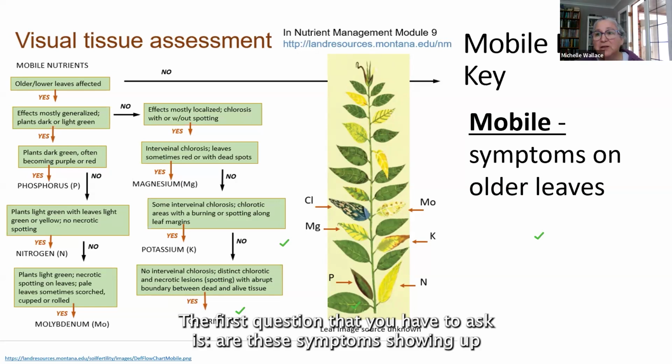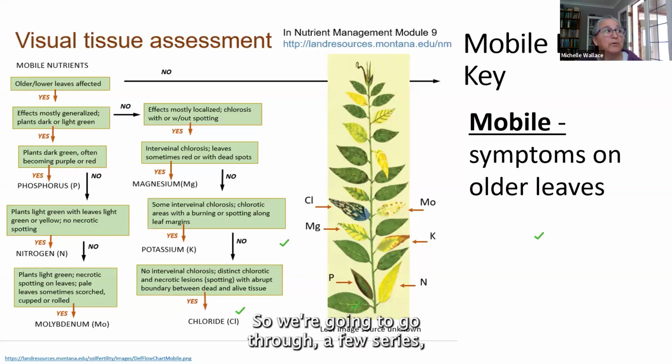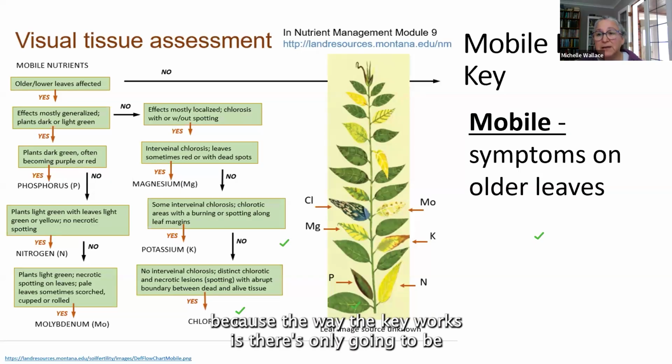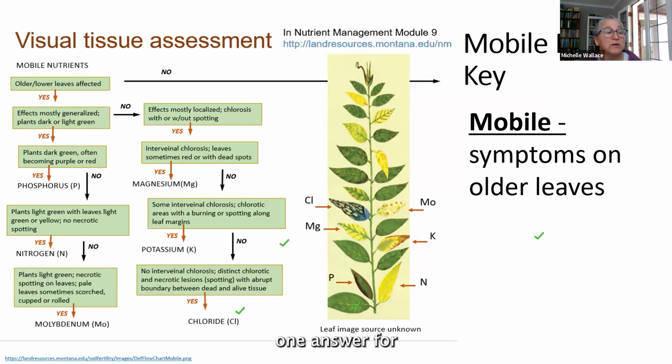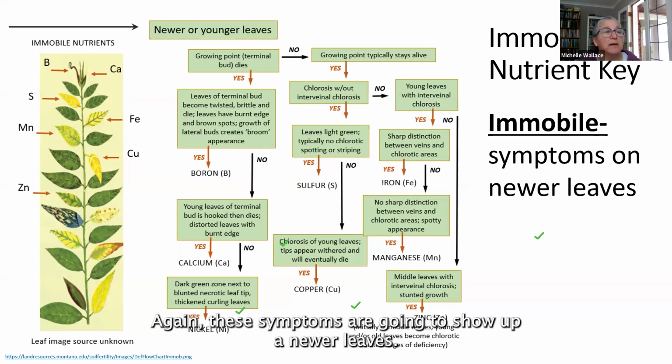The first question that you have to ask is, are these symptoms showing up on the old leaves on the plant or on the new leaves? We're going to go through a few series because the way the key works is there's only going to be one answer for each type of symptom that you could be seeing. This is the immobile nutrient key side. Again, these symptoms are going to show up on newer leaves.